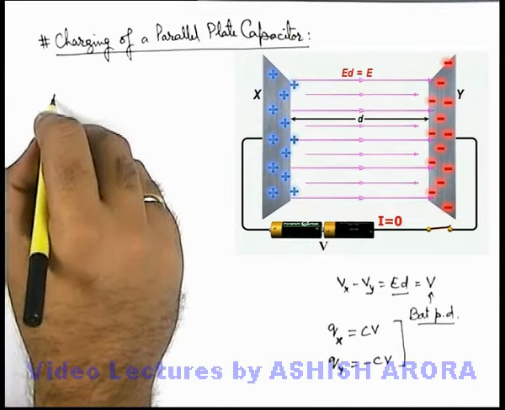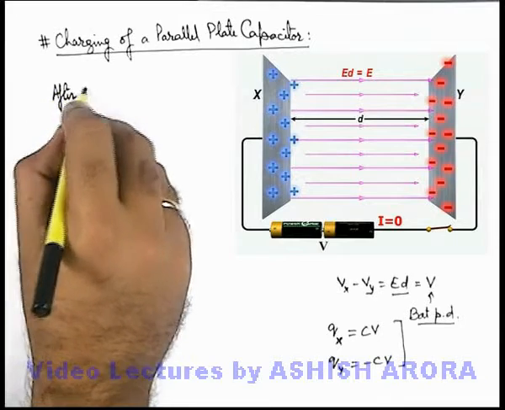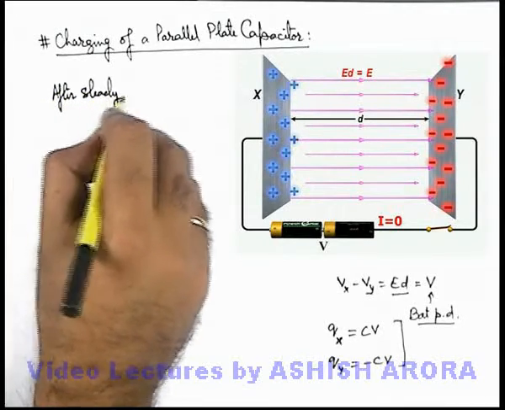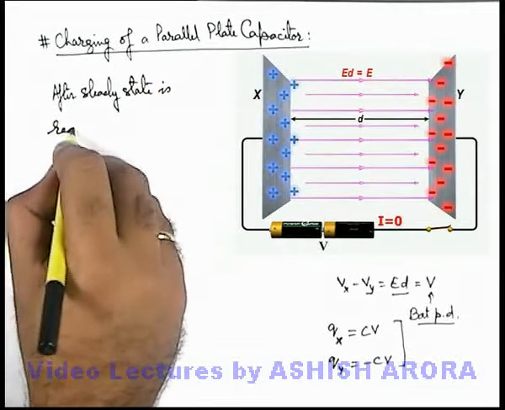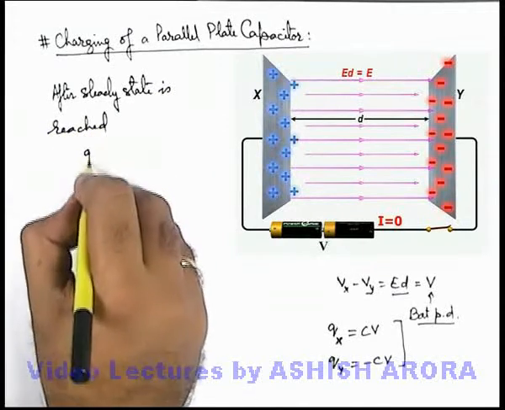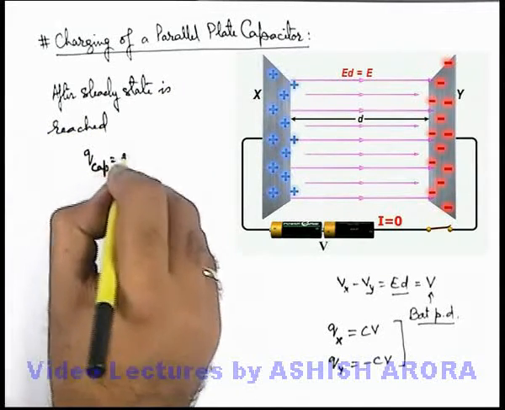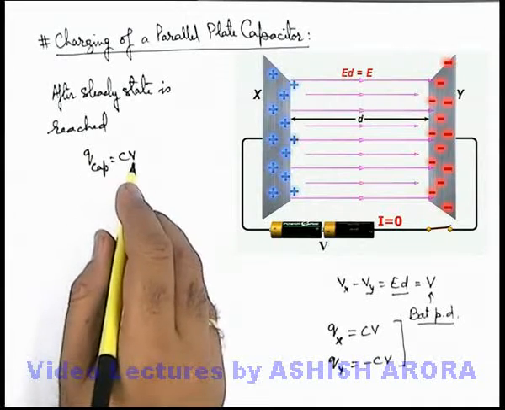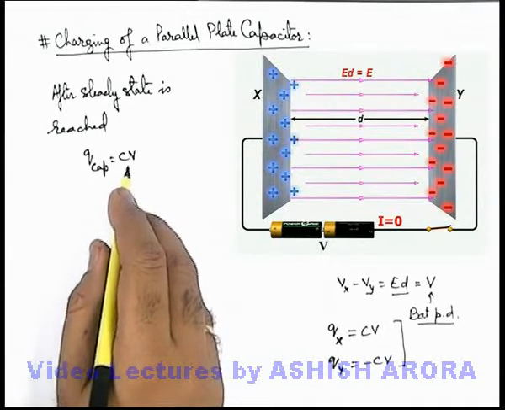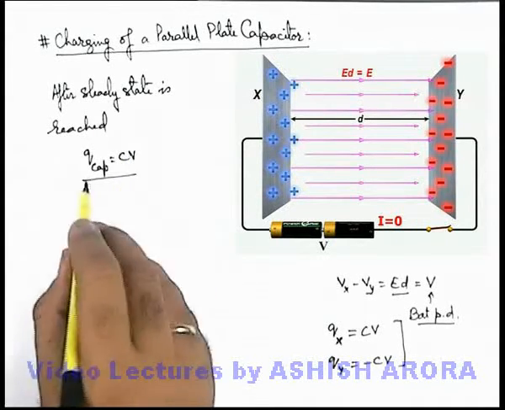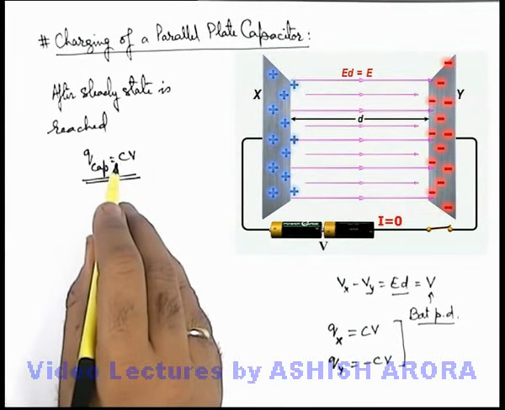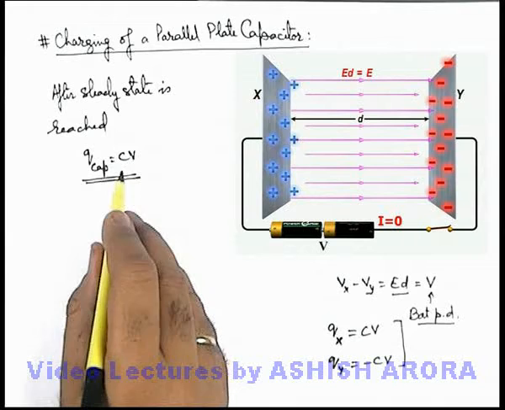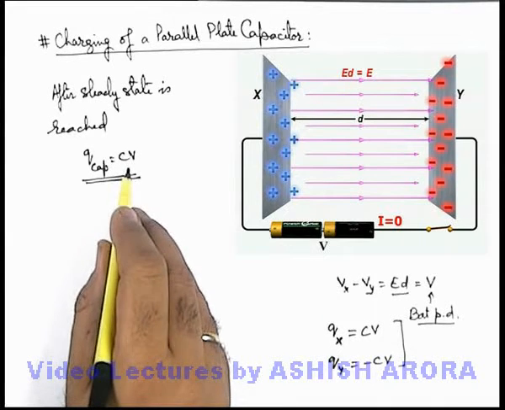So here you can write, after steady state is reached, the charge on the capacitor can be written as CV. Here we talk only about the magnitude, but whenever we say the charge of a capacitor, it implies a charge on one plate's inner surface will be plus CV, and the charge on the other plate's inner surface will be minus CV.